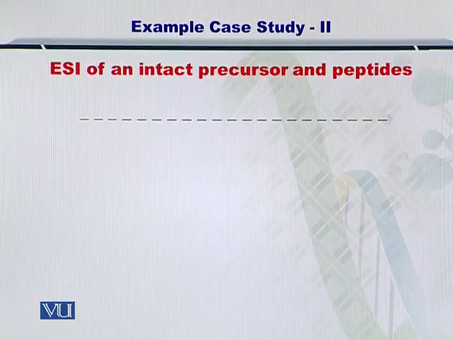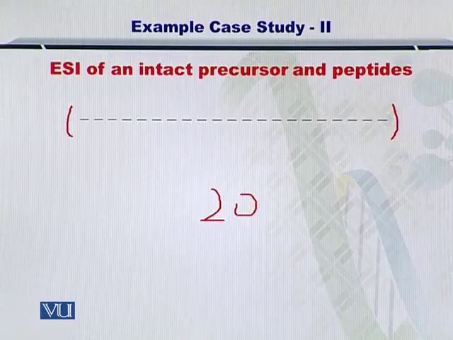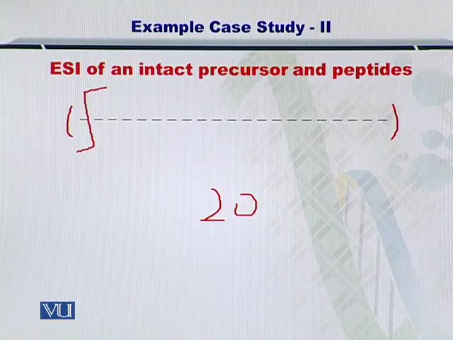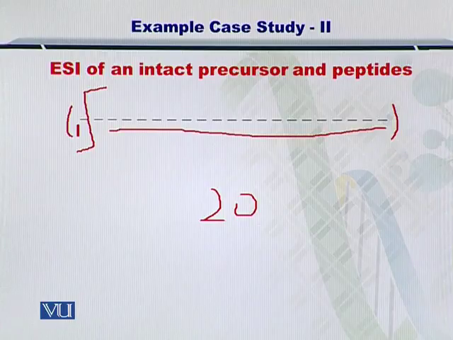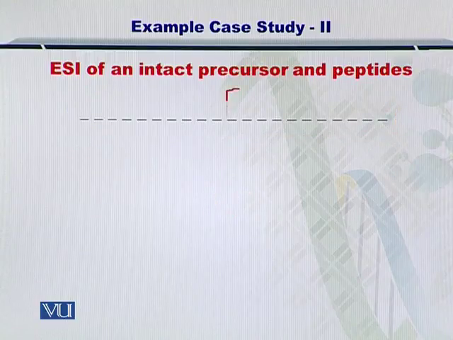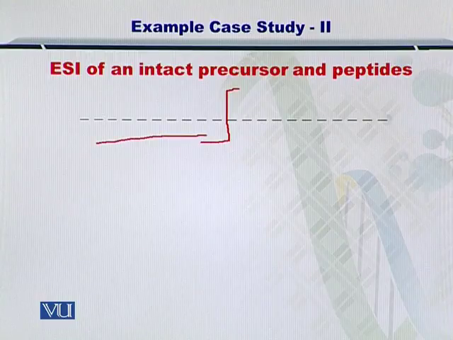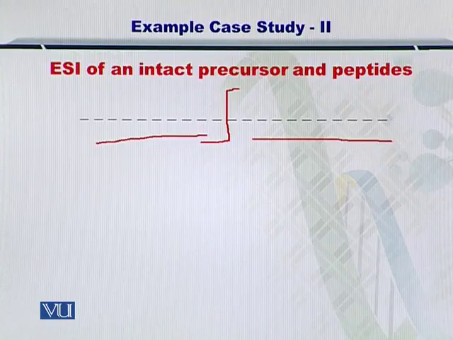So if this were your protein given here, let's say of 20 amino acids, and you were to fragment this protein at, let's say, site number 1, then you will obtain two peptides, one with just one amino acid, that is this one, and the other with the remaining amino acids. Or if you were to have a fragmentation occurring at the middle, then half the amino acids will go into the first fragment and half will go into the second fragment.